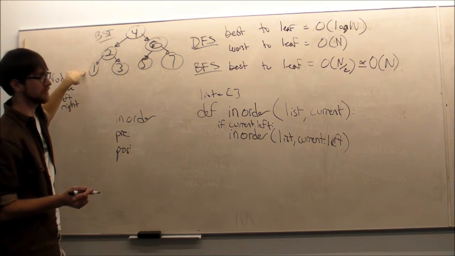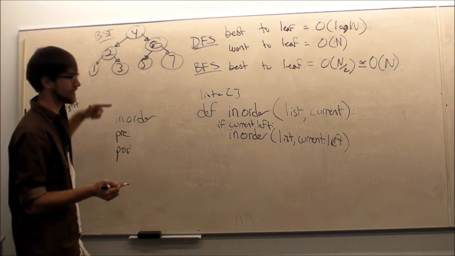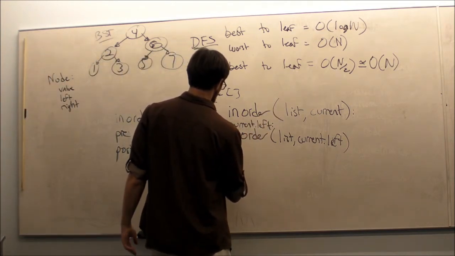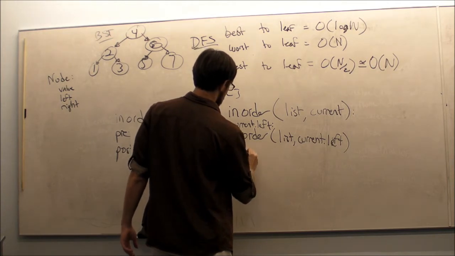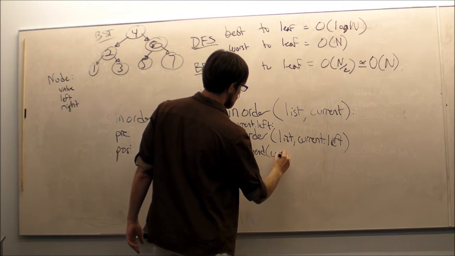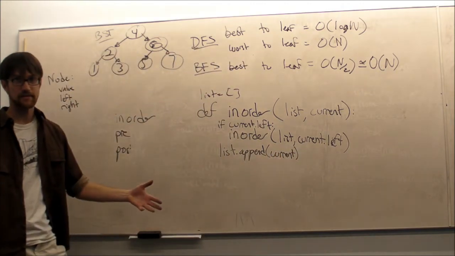What do we want to do to this? If we want to, let's say, return it, append it to our list. Yeah. We want to put it in a queue, or in this case, a list will also serve as a queue. And then what do we do?